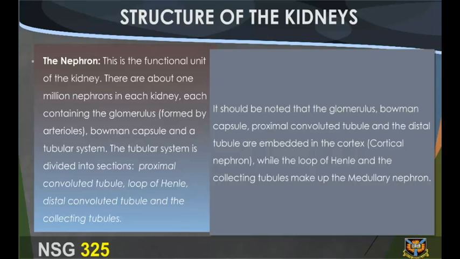It should be noted that the glomerulus, Bowman capsule, proximal convoluted tubule, and the distal tubule are embedded in the cortex, forming the cortical nephron, while the loop of Henle and the collecting tubules make up the medullary nephron.